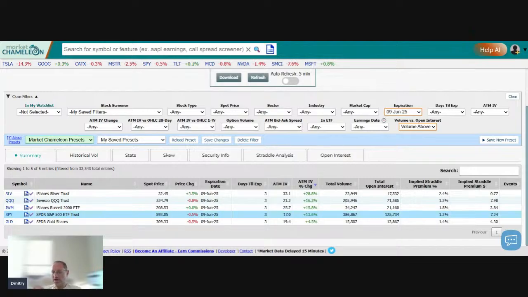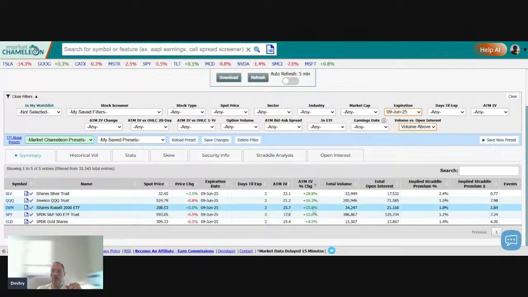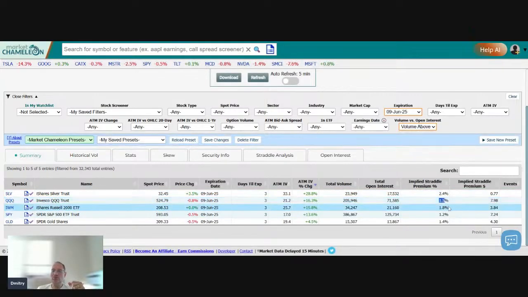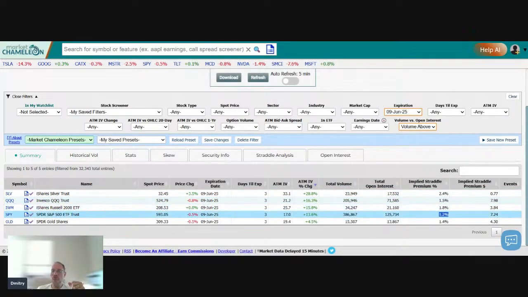And we could also look at it from the straddle price. What does that translate to in the straddle price, or what are the options markets implying the movement up or down in the June 9th expiration? And that's what this is, the at the money straddle premium based on a percentage move.